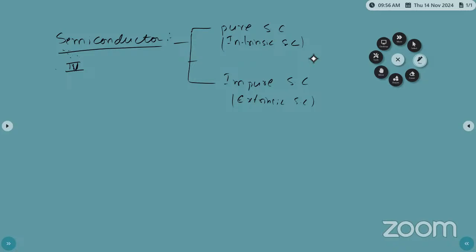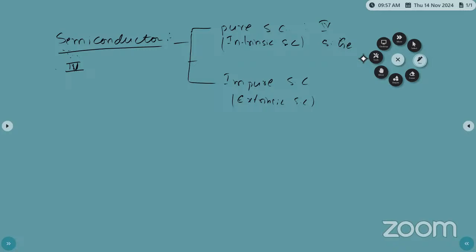The examples of pure semiconductors are all fourth group elements: silicon and germanium. Now tell me, what is the atomic number of silicon and germanium? 14. Silicon is group 4, and 14 is the atomic number.